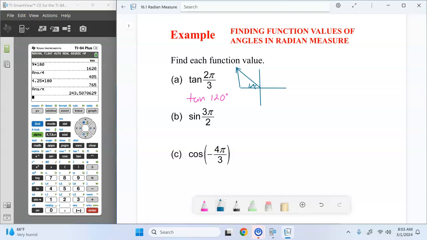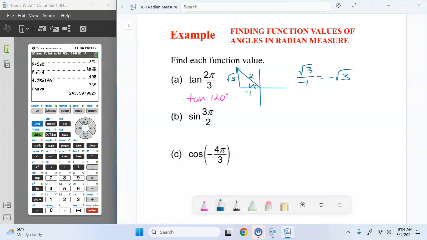So side opposite is going to be what? Side adjacent is going to be what? And hypotenuse, 2. Okay. So what is tangent of 2 pi over 3 going to be then? Yeah, negative root 3. So it's root 3 over negative 1, which is negative root 3.